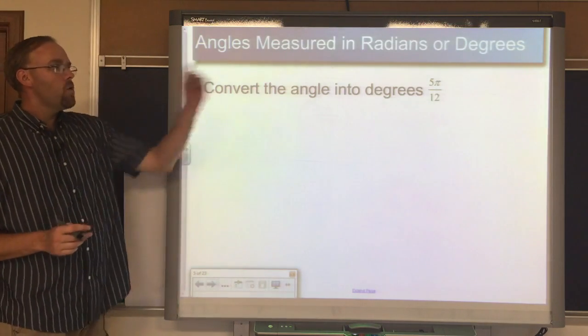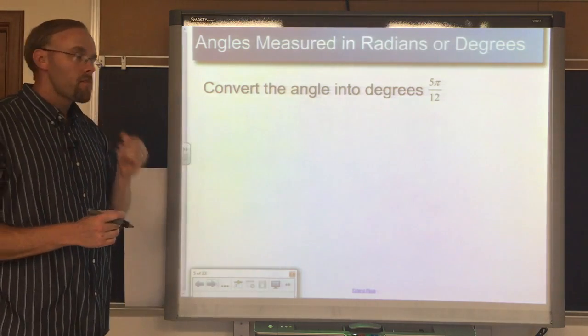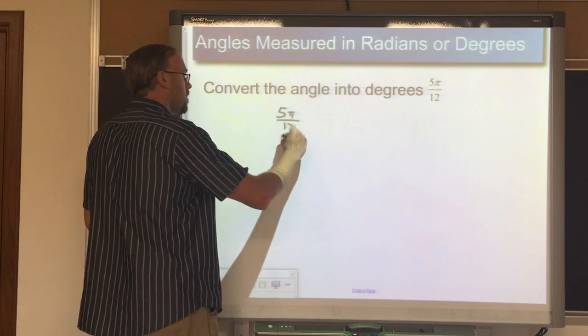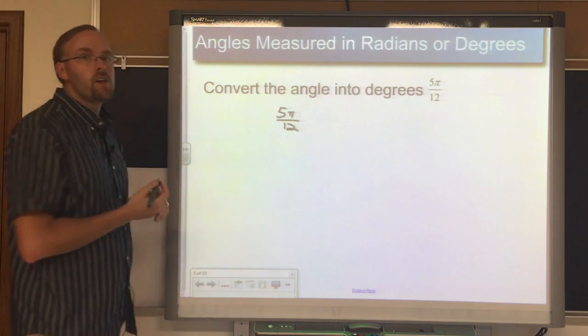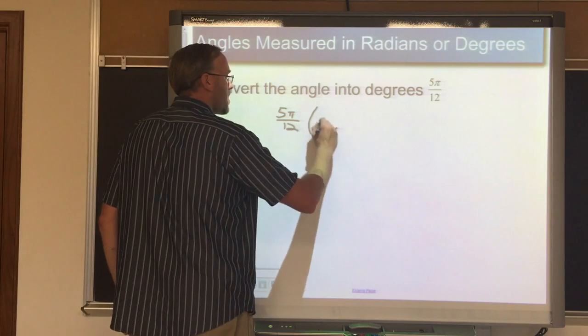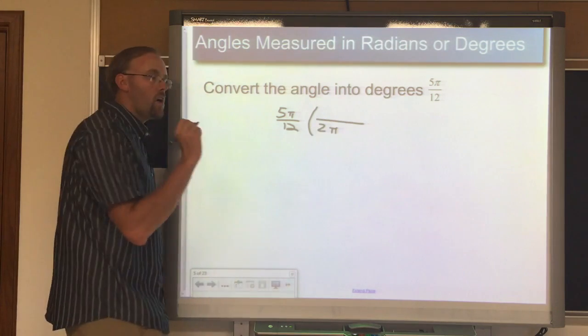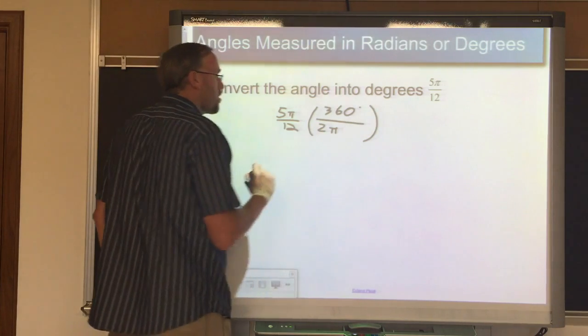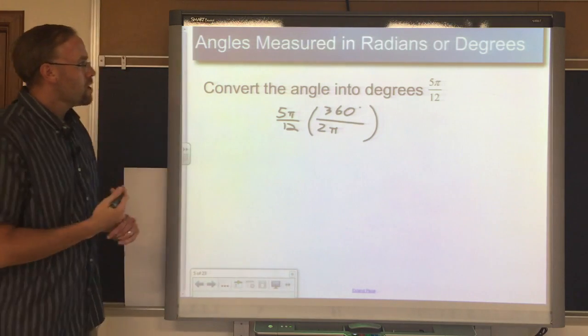So now we have an angle in radians, and we want to convert this into degrees. So now we want 2 pi on the bottom because we want radians to be gone, and we want to end with 360 degrees. So what can we cancel?